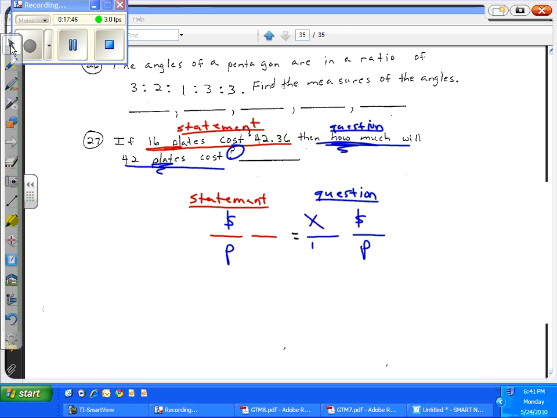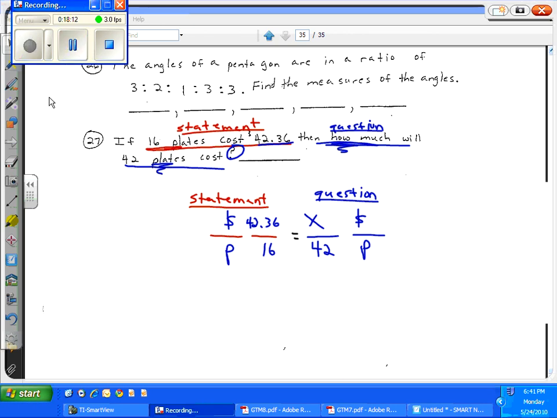We fill in the question first. We don't know how much money goes with 42 plates. And then we fill in the statement. The statement has $42.36 in money associated with 16 plates. We put the same item on top both times, dollars, same item on bottom both times, plates.